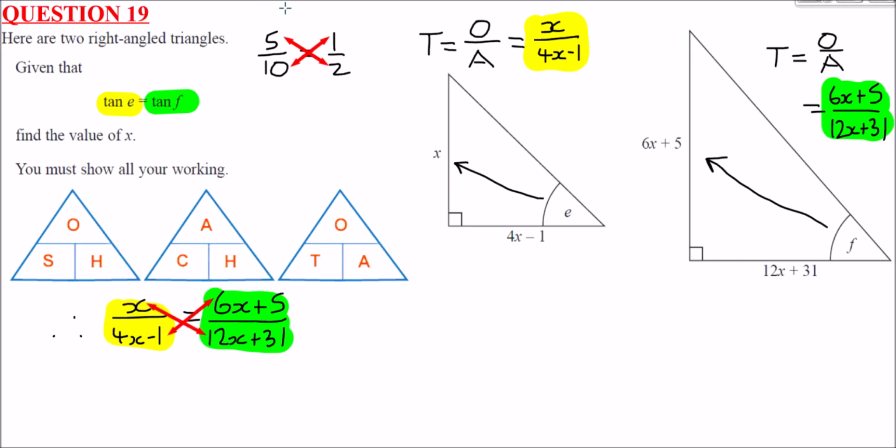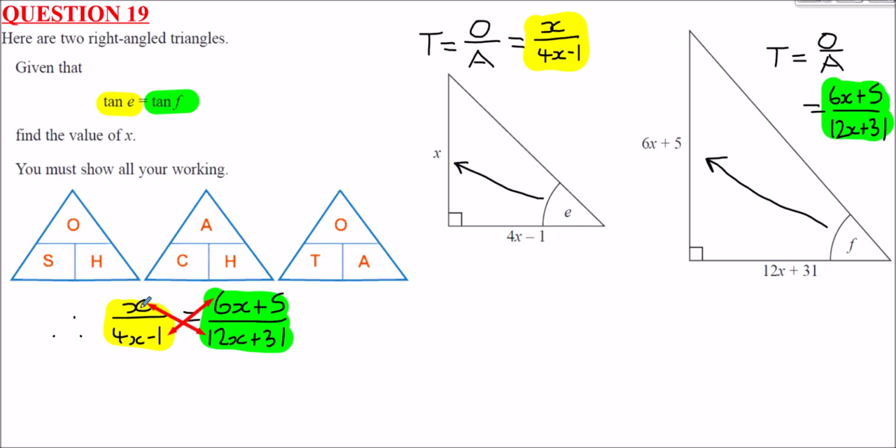So this was simply to illustrate what's going on, so I can get rid of that for now. I'll clear this off the screen because I don't need that now. So what we'll do is cross multiply these.